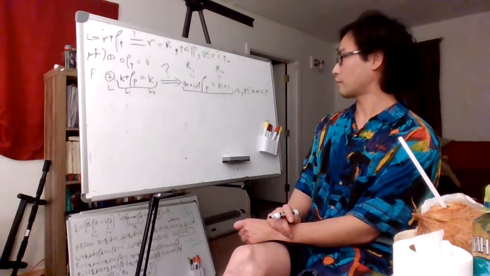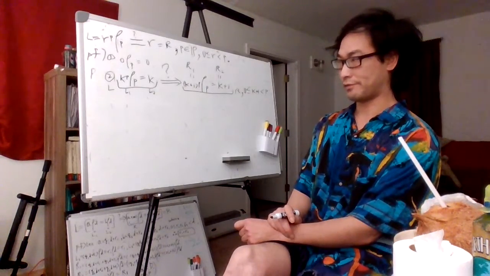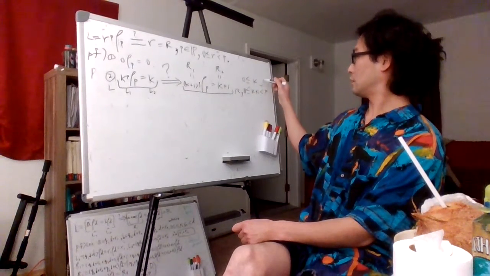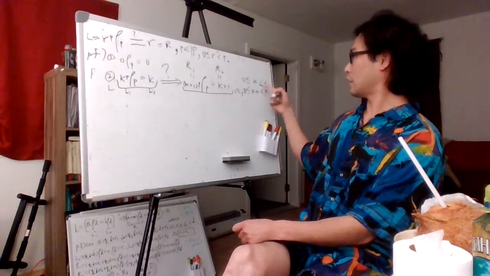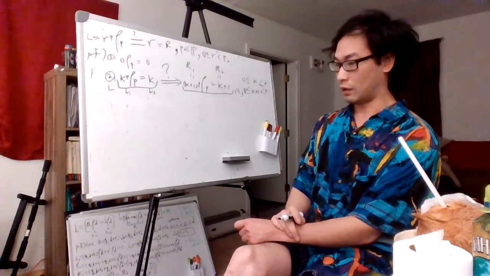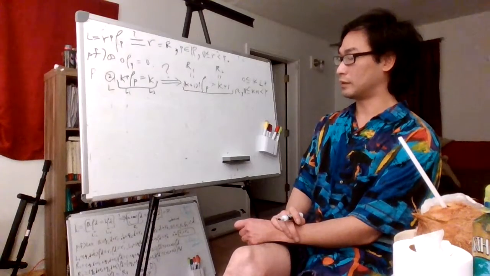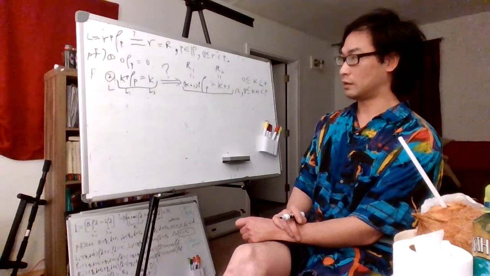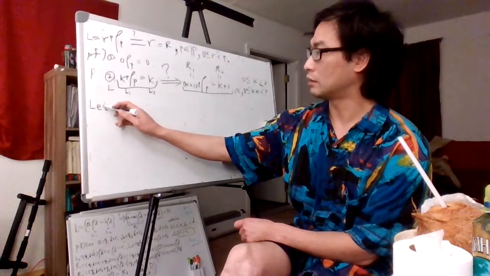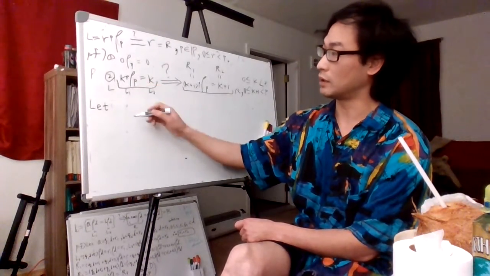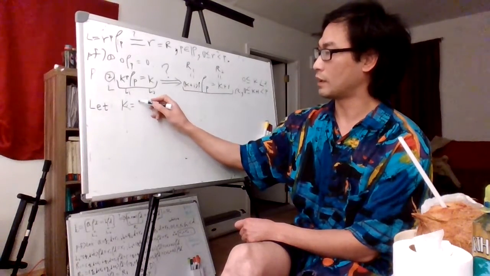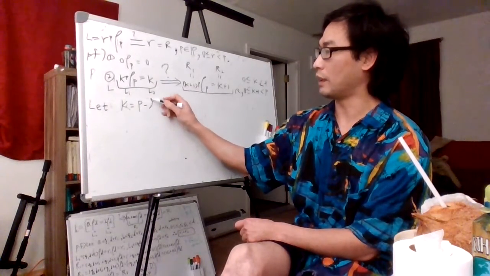So, also k plus 1 will be less than p, okay? So, all right. Then, because k is less than p, let k be equal to p minus some number l.